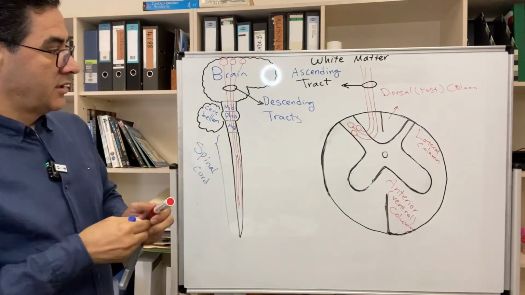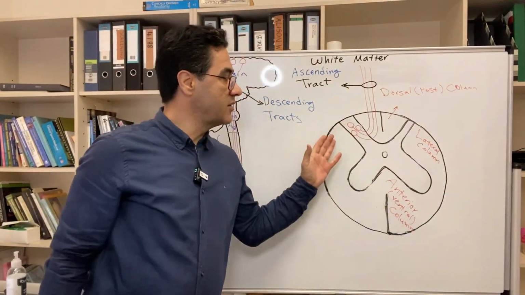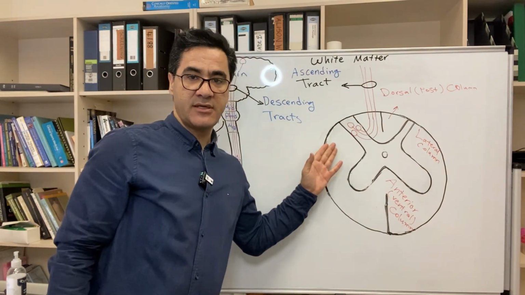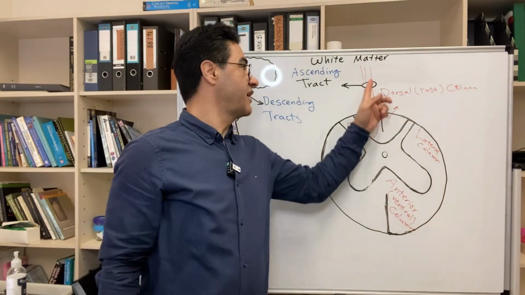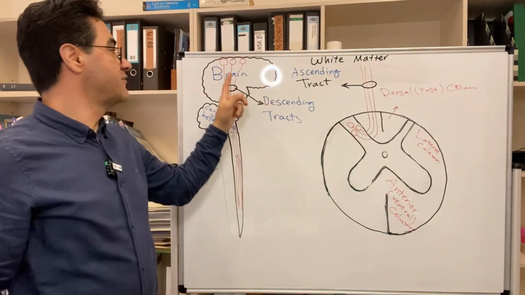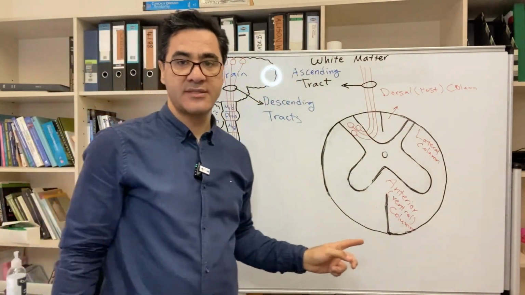So within the columns of the white matter, we have ascending tracts and we also have descending tracts.